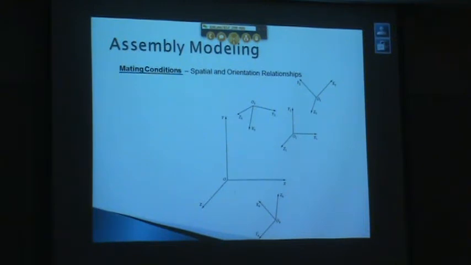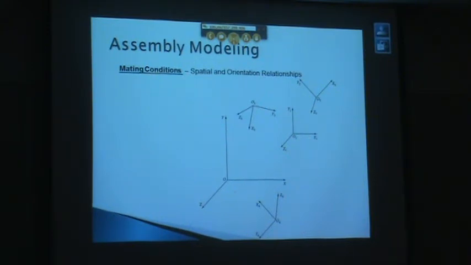Right. The mating conditions refer primarily to how is one part, its origin, okay, its absolute 0, 0 point. How does that absolute 0, 0 point map to the 0 point of the assembly, the subassembly, or how does it map to the master assembly?